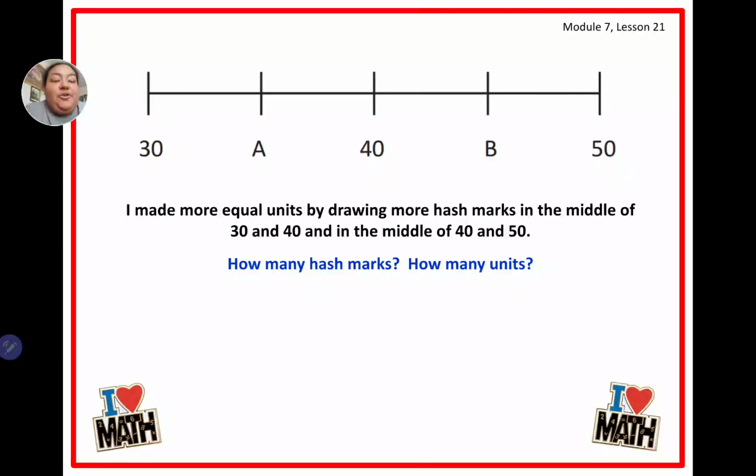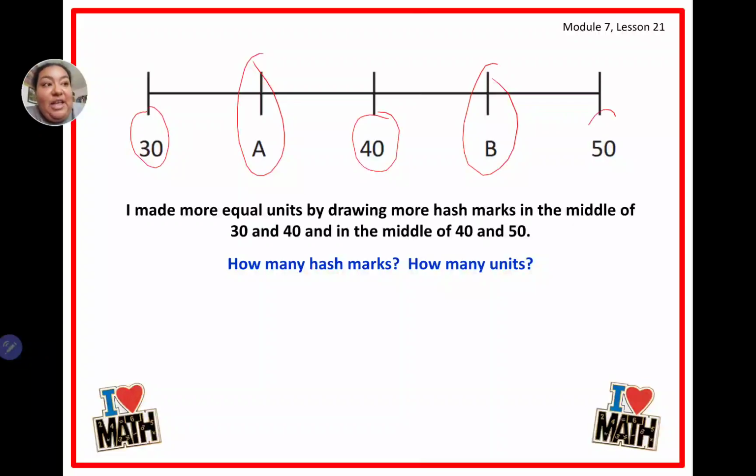But if I ask you what A and B are, you would tell me what? Remember, when we were looking for 30 and 50, what was in between? You guys said 40. So what's in between 30 and 40 that will leave it equal right here? 35 and 45. How easy is that, guys?